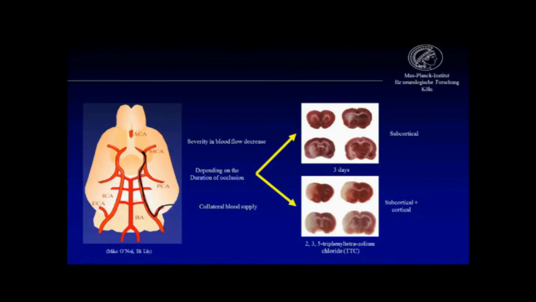At the middle cerebral artery, where it branches off, you push it far enough to that point, and you can occlude the supply of the territory that would normally be supplied by the middle cerebral artery.